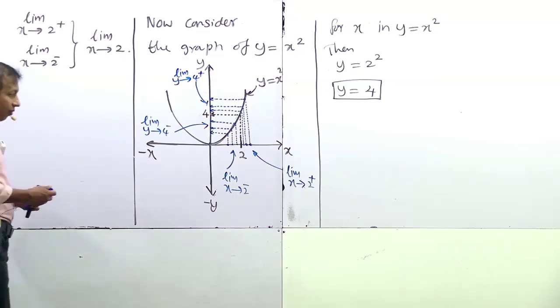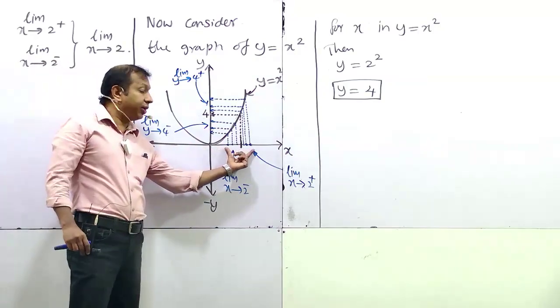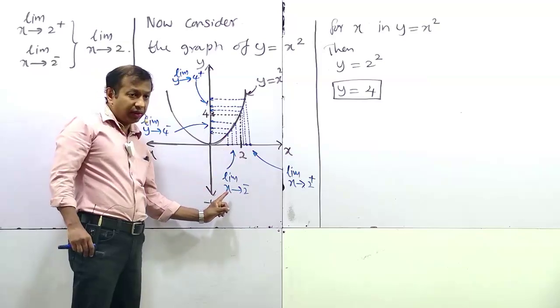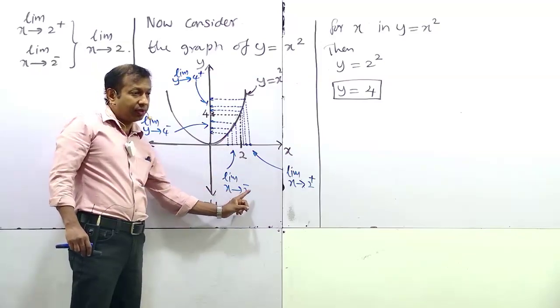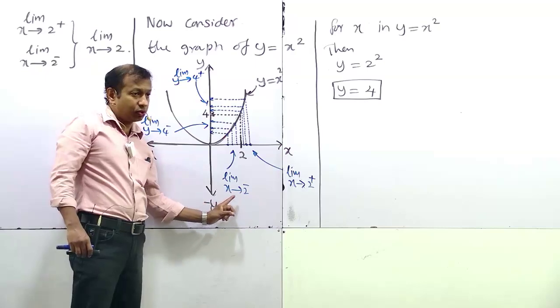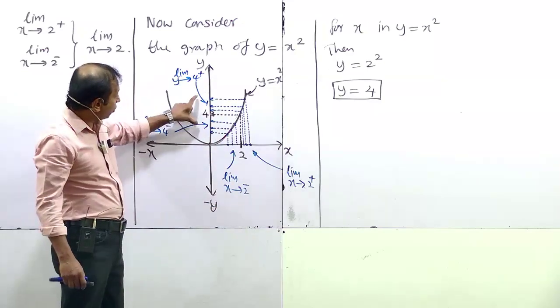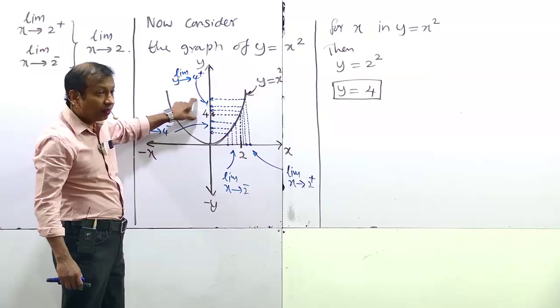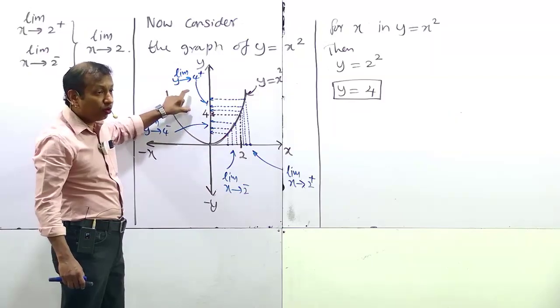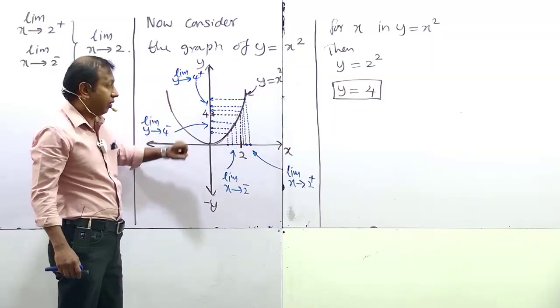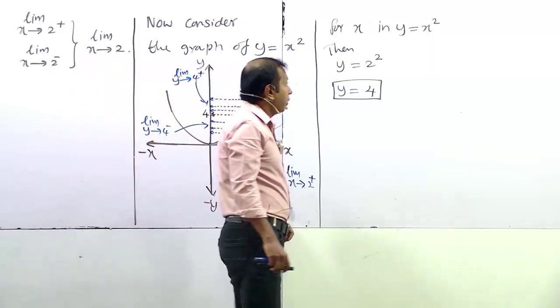Okay. People, these two together, how do you write? Limit x approaches 2. These two together we can write as limit y approaches 4. Now write down like this.